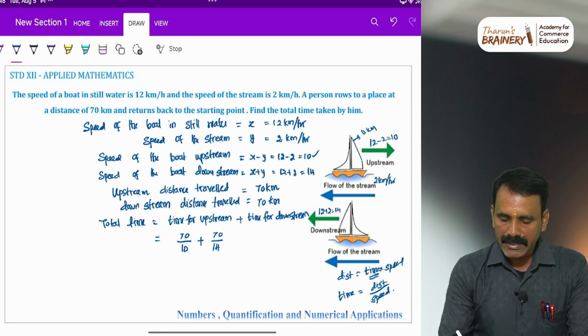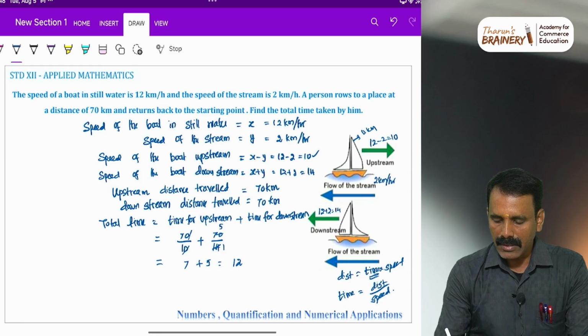So we try to simplify this expression. 70 by 10, it is 7. 70 by 14, we cancel this, 1 14s are 14, 5 14s are 70. So 5. So 7 plus 5, it is 12 hours.